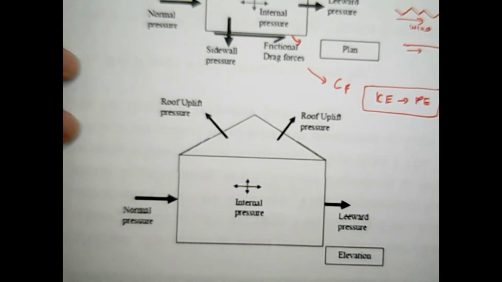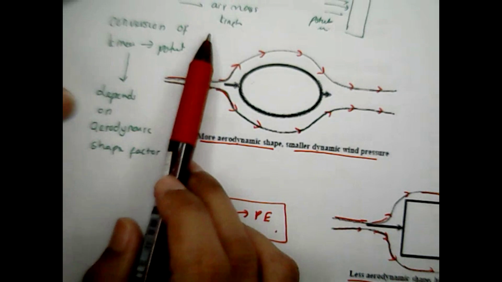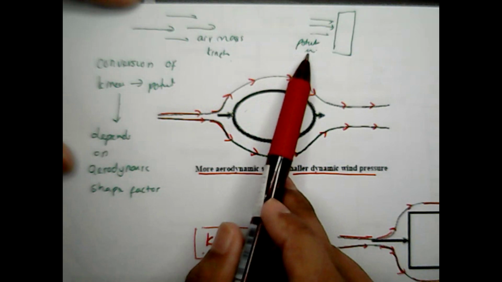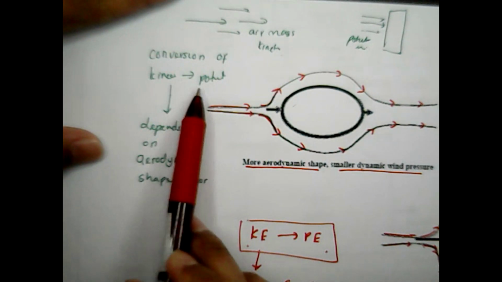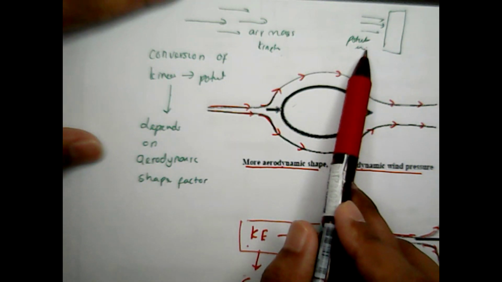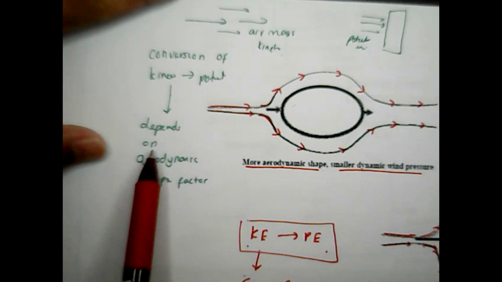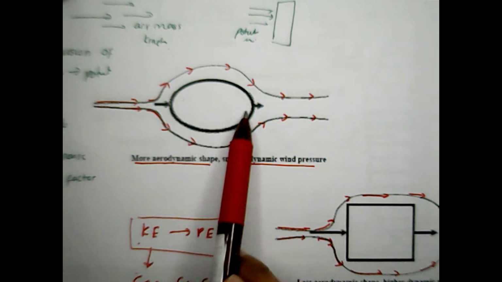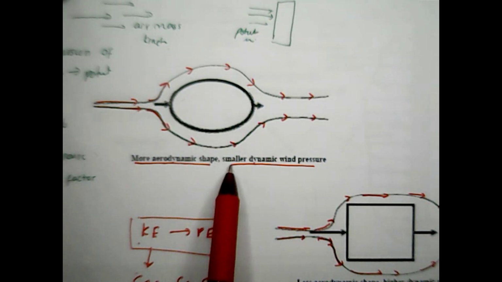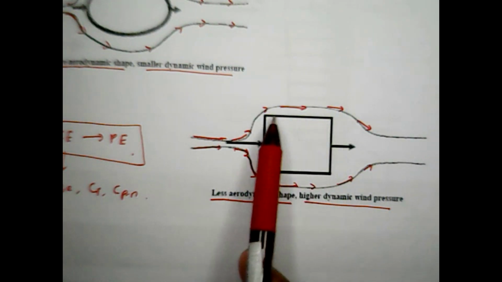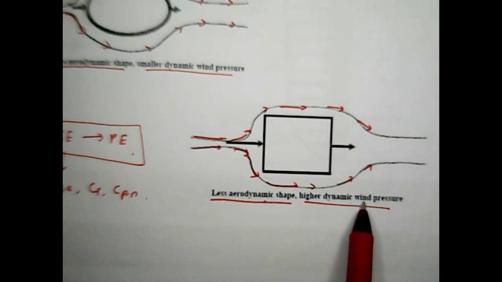Just to summarize, mass is converted to kinetic energy to potential energy, and not all the kinetic energy is converted to potential energy because of the aerodynamic shape factors. If you have very good aerodynamic shape factors, then you have a smaller dynamic wind pressure. But with poorer aerodynamic shape factors, you have a higher dynamic wind pressure.